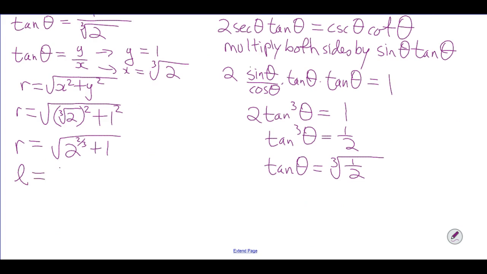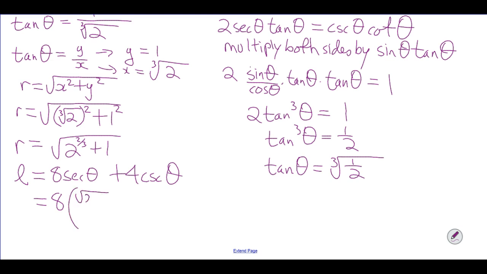We know that L is 8 secant theta plus 4 cosecant theta. Okay, secant. So cosine is x over r, so secant is r over x.